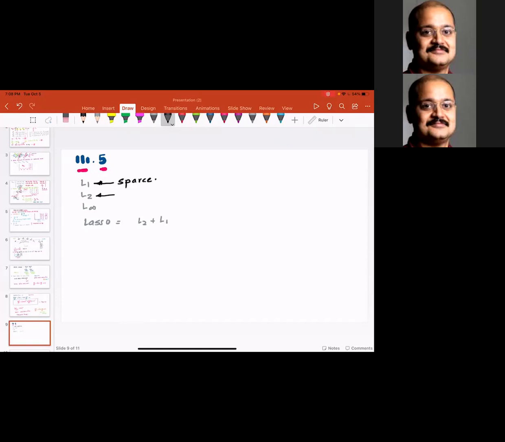If you use L2, that gives you the least square solution. And sometimes we use L infinity to find the maximum difference between two points, and then we use the L infinity norm to find the solution.